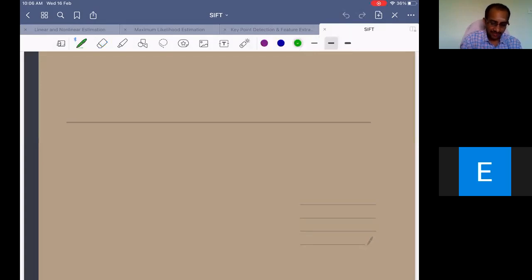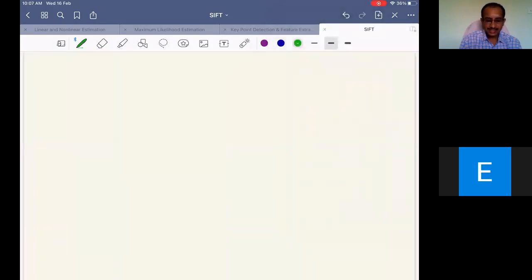In the previous discussion that we had, we discussed Harris corner detector and Moravec operator, which are used for very good key point detection. That is, given an image, where do we look for the information? Because as I mentioned, there are two kinds of algorithms. One kind takes the whole image and gives the features for the whole image and performs either template matching or classification.